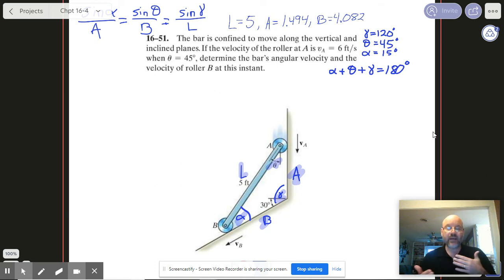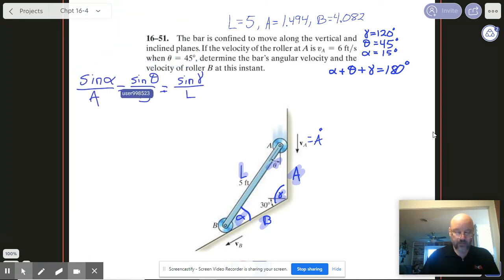And so we've got to figure out how to relate that to theta, which means we have to relate A to theta, because V sub A is, of course, going to be A dot once we get that worked out. So if we look at our law of sines and cosines stuff, I'm going to move that down here just a little bit because it was behind.